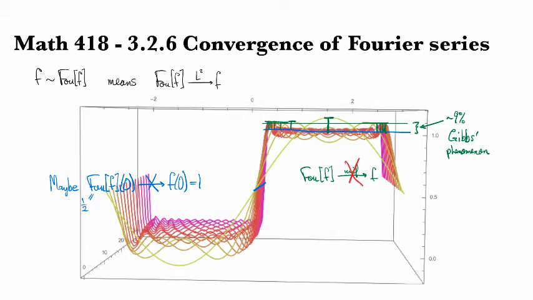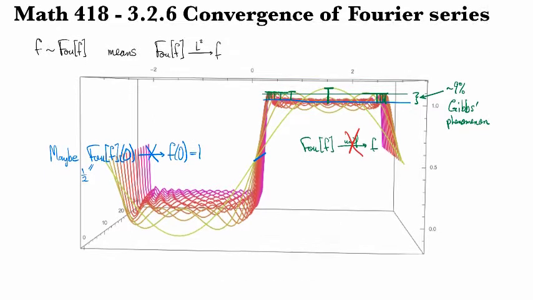So the natural choice of what mode of convergence to use when discussing Fourier series is L2 convergence. And this has a couple of funny implications here and there, like we saw when it didn't converge to the right value at a particular point.